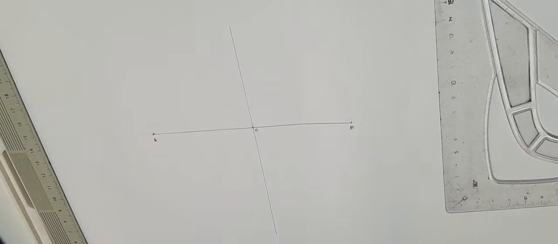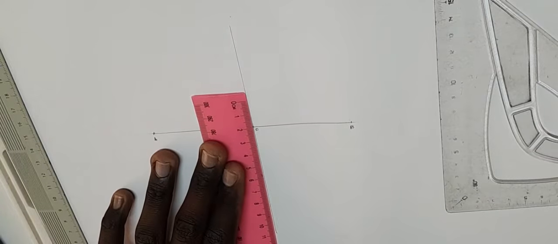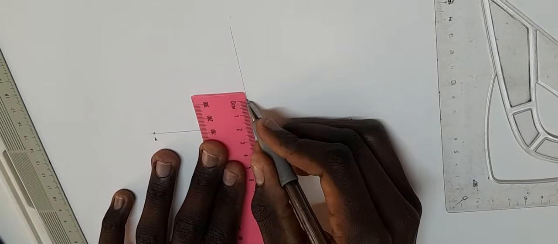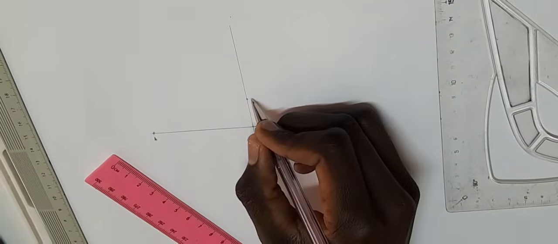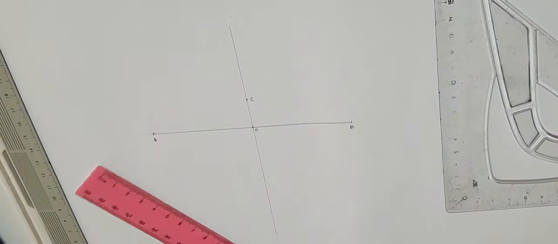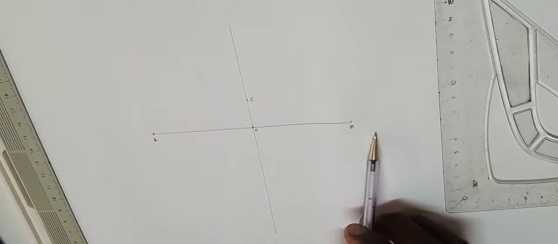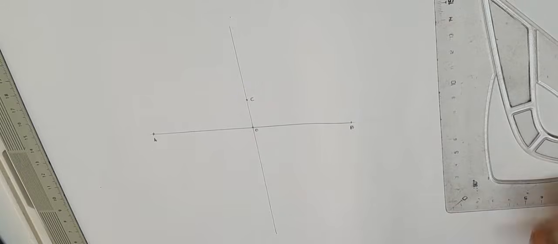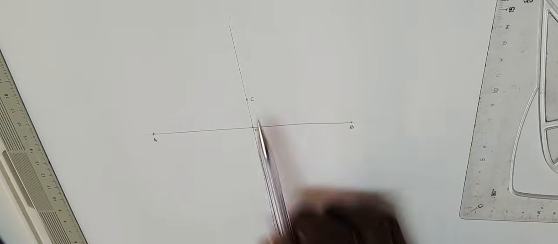Then you're going to say 200 divided by the scale, which is 20. I'm going to measure 20 here. Then we have our point C. If the question said it's 1/5th of your span, we would say 1200 divided by 5. I hope you understand. So we have point A, B, and C.